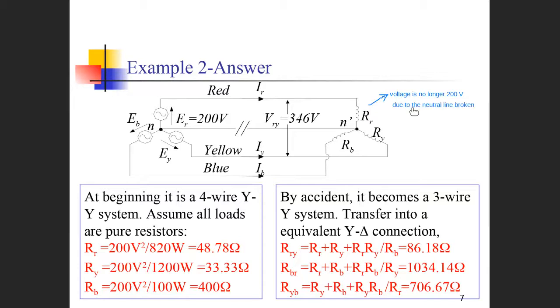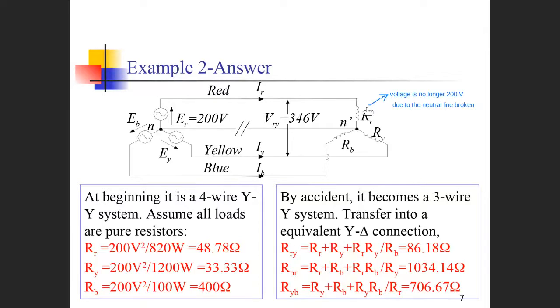Now, before analyzing the system, we do not know the per phase voltage, we do not know the voltage to each load. So we learned in the lecture that for a star 3-wire system, it is better to transform it into a delta connection. Then we can do the calculation easily.